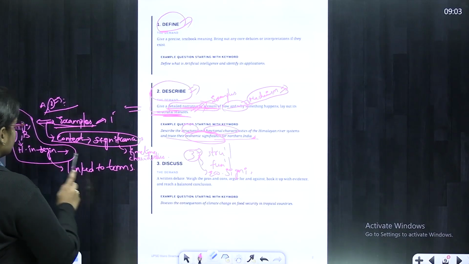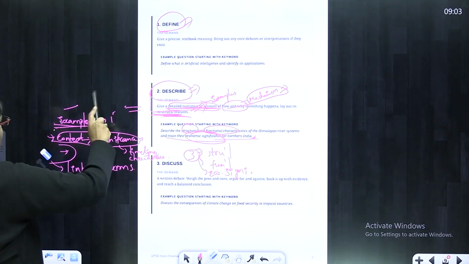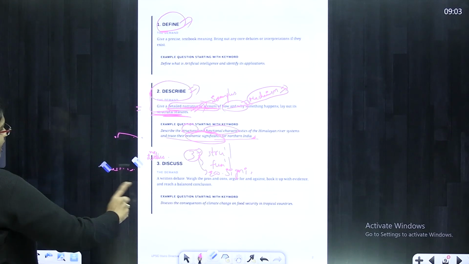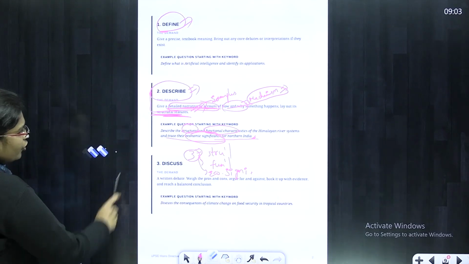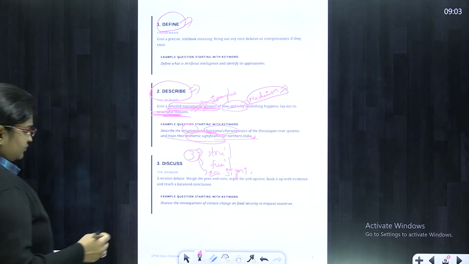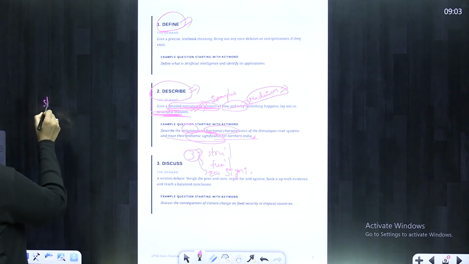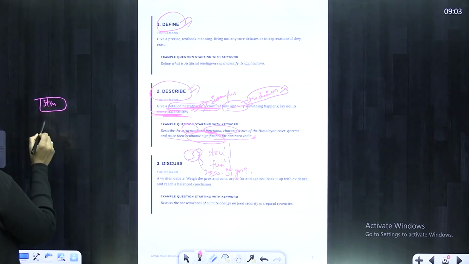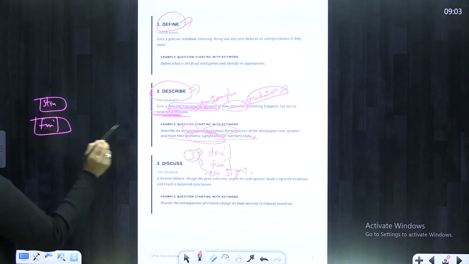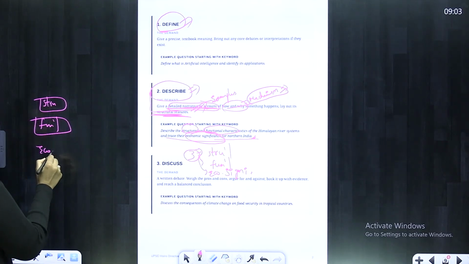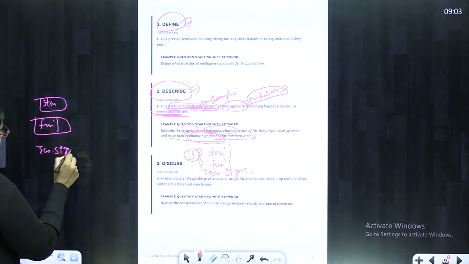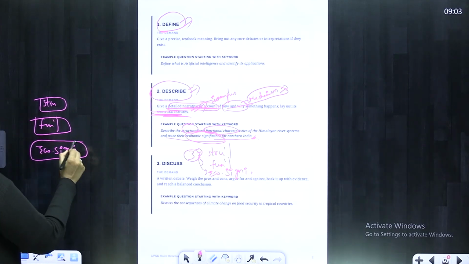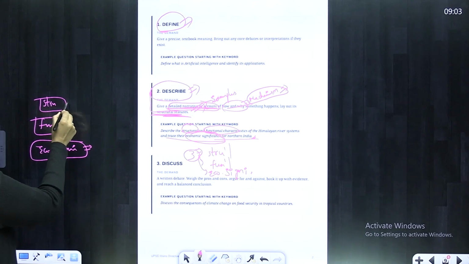Now let's get into the body part. How can we approach the answer here? The first thing is that there are three parts: the structural features, the functional characteristics, and the economic significance. These are the three subparts of the given question.